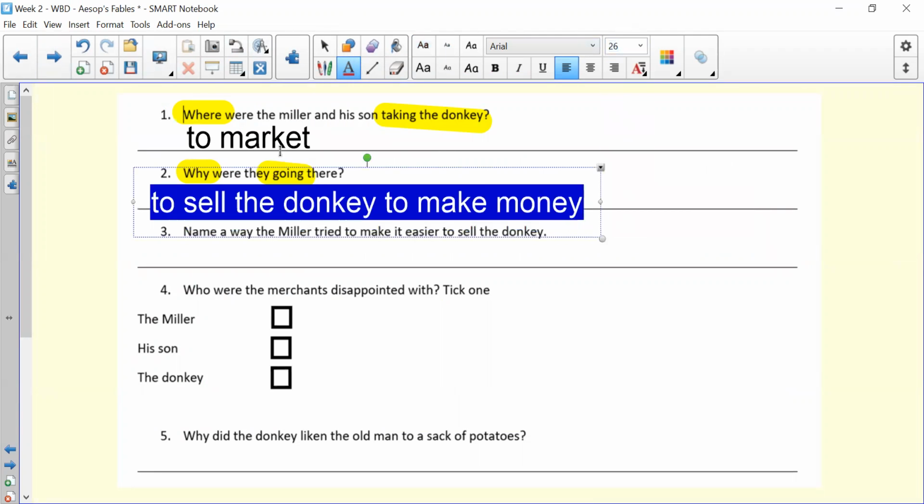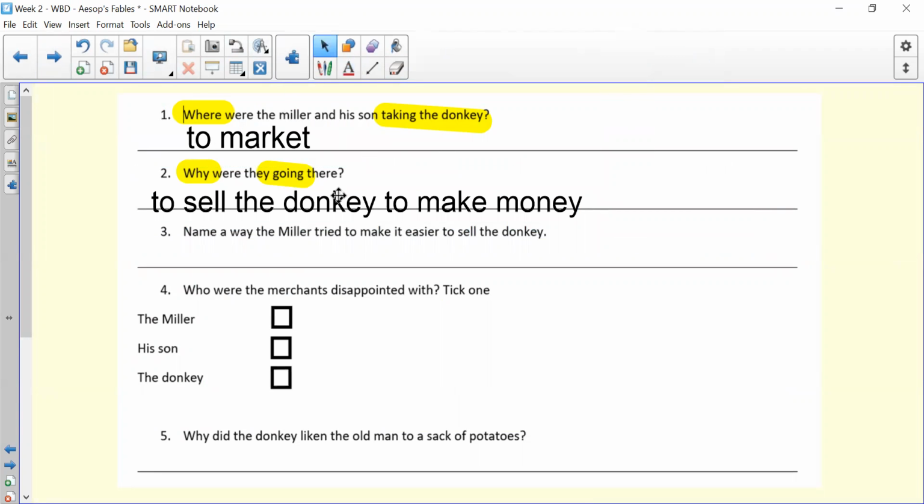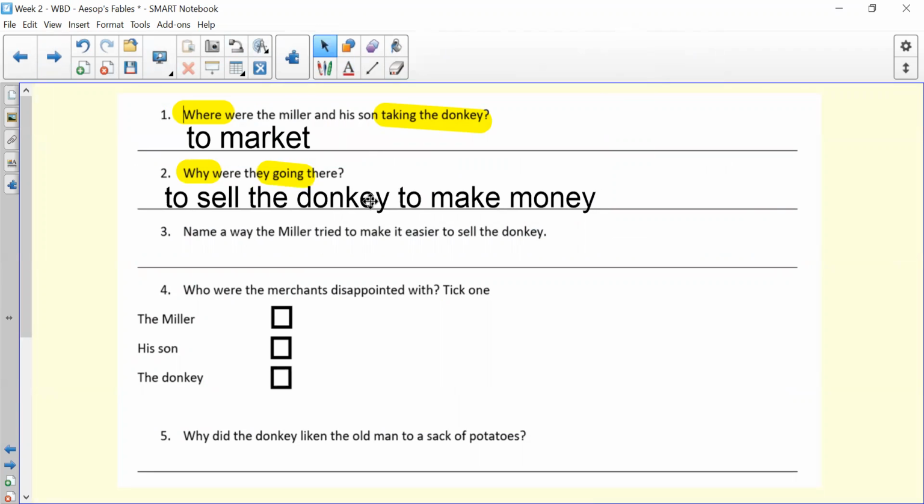Okay, let's have a look at a couple more questions with regards to finding the keywords, and then you can carry on yourself. Okay, so the next one, names. You're going to write something, a way the miller tried to make it easier to sell the donkey. So you're going to look at how, you're going to name a way, something the miller did to try and make it easier to sell.